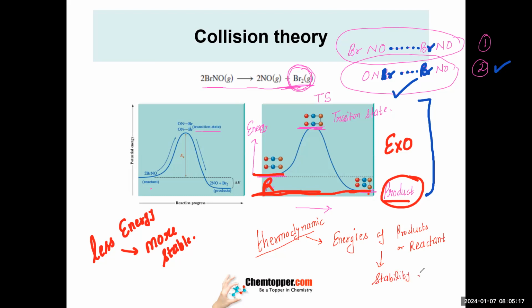Product is more stable in exothermic. Reactant is more stable in endothermic. Can I say that, children? Products are more stable in exothermic. So write on this. Exo means products are more stable.